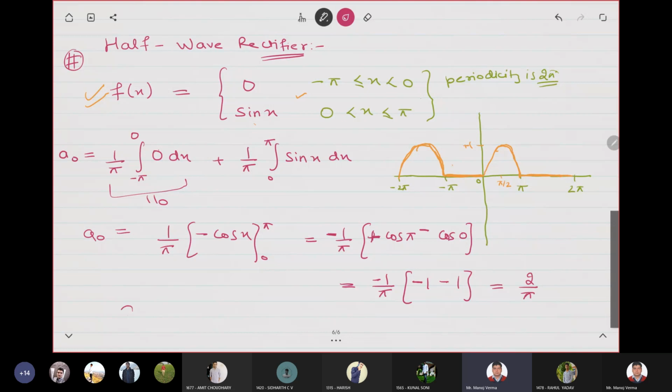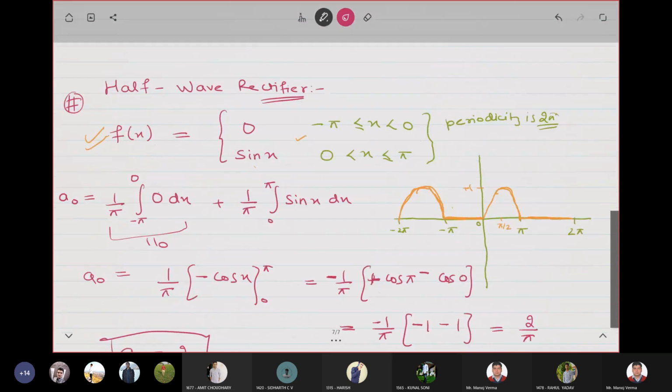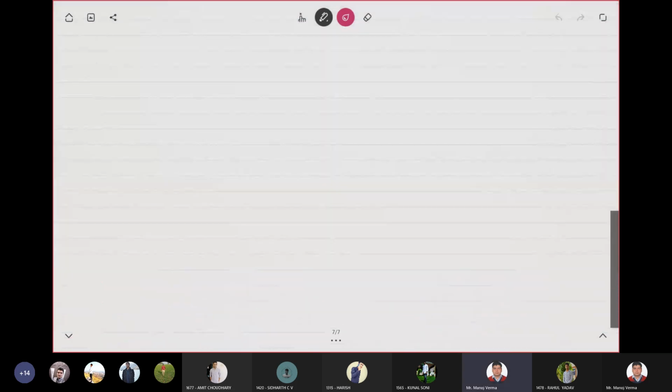So my value of a naught is 2 over pi for this function. Okay. So now in this case, you have to see very carefully how I will calculate the value of a n.